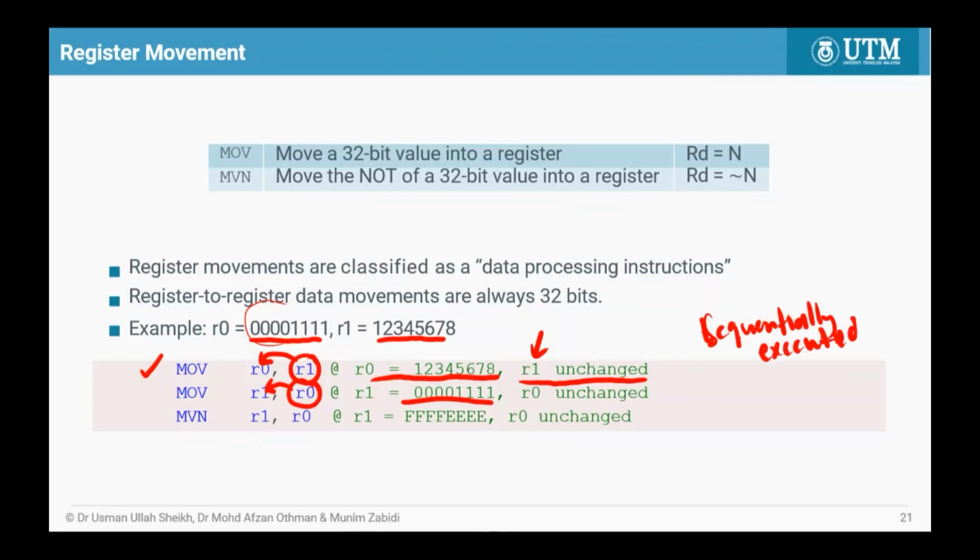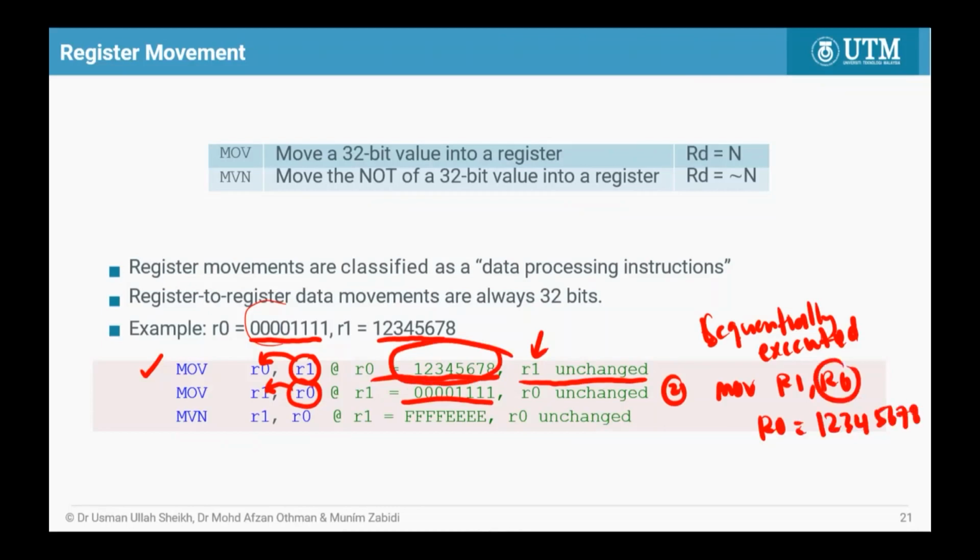for the second instruction, after you do MOV R1, R0, R0 will have the value 1, 2, 3, 4, 5, 6, 7 and 8.